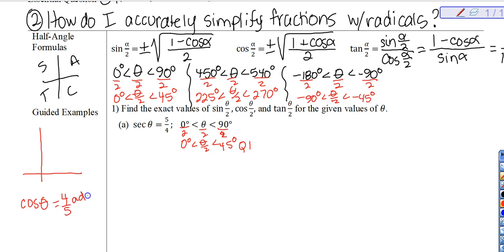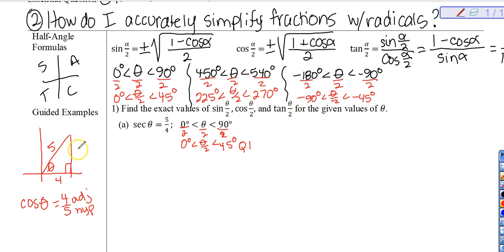So my adjacent is 4, my hypotenuse is 5. Please remember that adjacent is your x value, hypotenuse is your diagonal value, and opposite is your vertical value. So adjacent is 4, hypotenuse is 5. Drop in your vertical line and put angle theta coming off the origin between adjacent and hypotenuse.